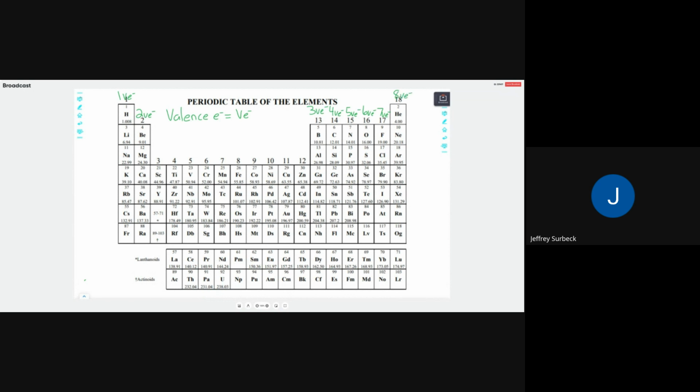Now, where I wrote this, the whole group. So, for example, our noble gases, helium, all the way down to the most recent element found, number 118, all of those elements have 8 valence electrons. For example, group number 2, beryllium, all the way down to radium, all of those have 2 valence electrons. Same group, up and down column, going to have the same number of valence electrons. Based on that, that will help determine our charges.